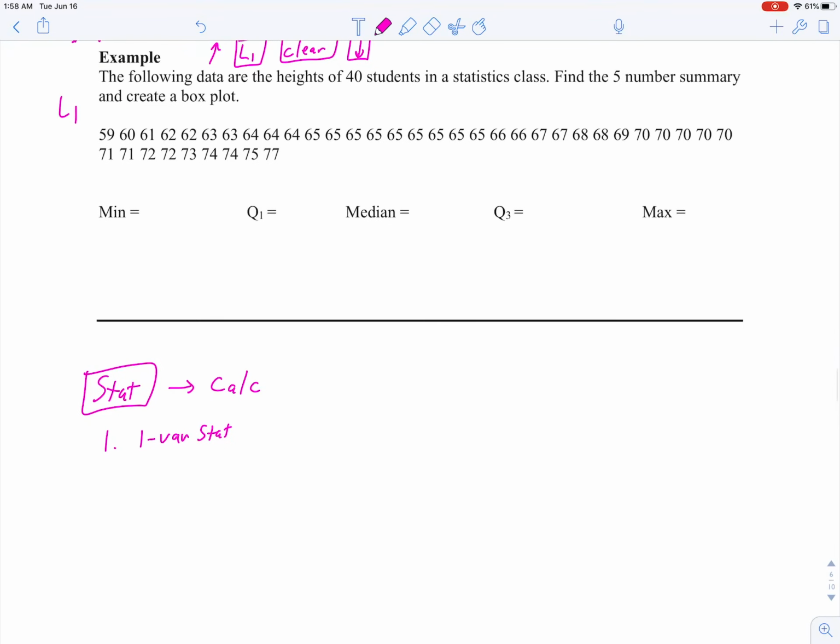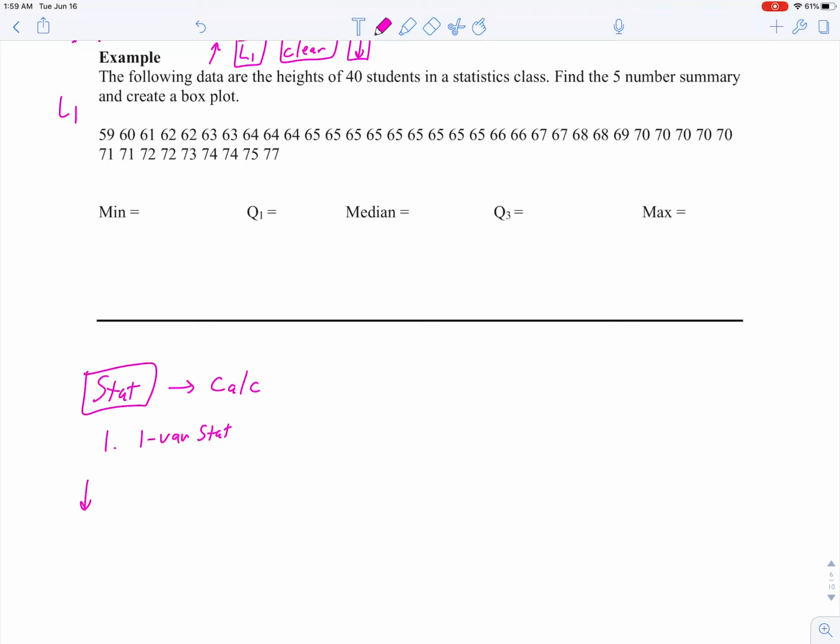You're going to select that option. Either hit number 1 or arrow key to number 1 and hit enter, either way. And right away you're going to see a bunch of stuff come up. You're going to see x-bar, which is our sample mean, and all kinds of other data. So you're going to arrow down numerous times until you get to the bottom of that list of data values.